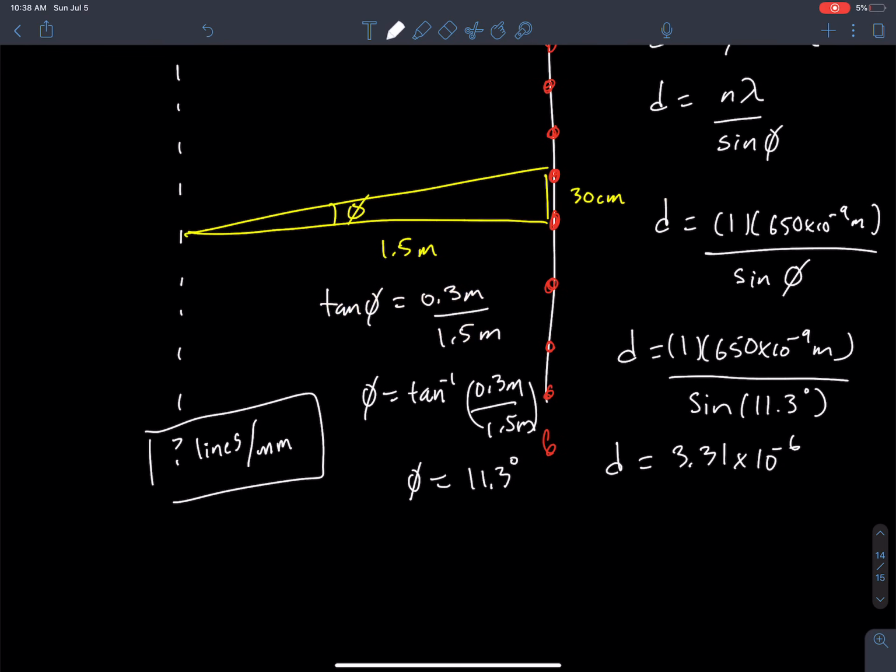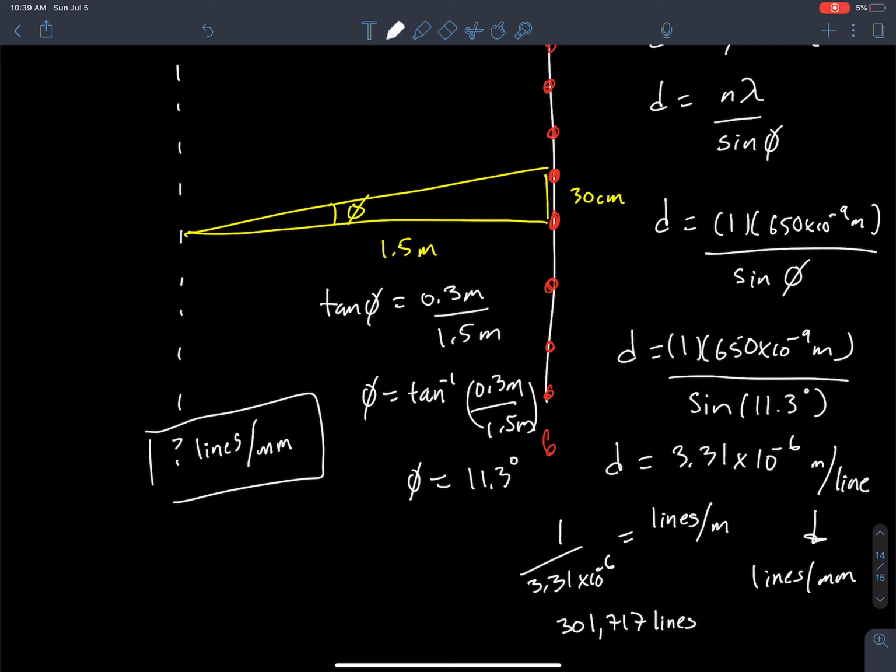And remember, that is equal to meters per line, and we're trying to find lines per millimeter. So first I've got to do the inverse of that. 1 over 3.31 times 10 to the minus 6 is going to be equal to lines per meter. If I invert that number, I'm left with 301,717 lines per meter.